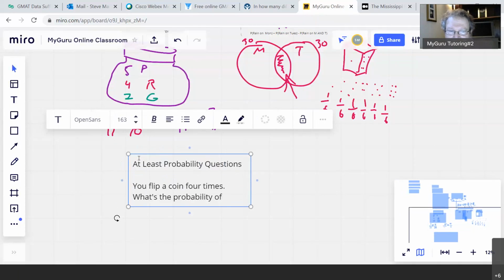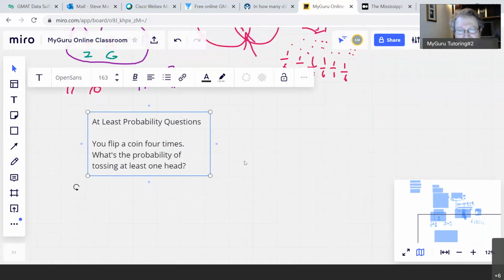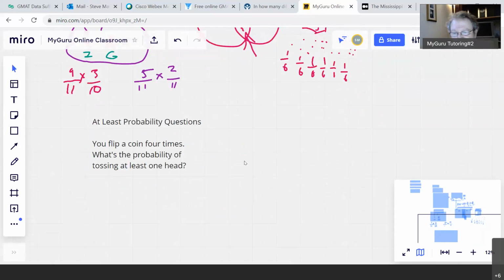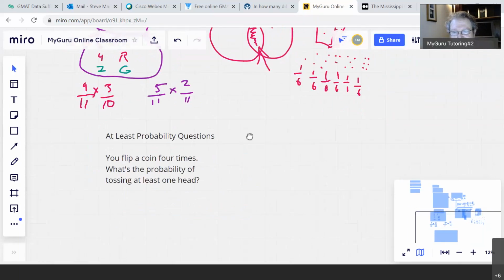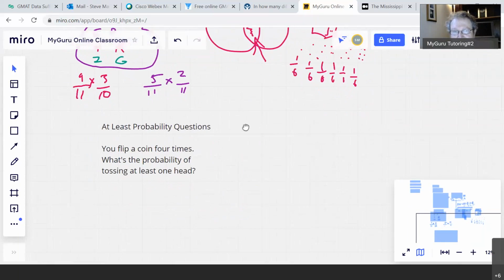What is the probability of tossing at least one head? Okay, 15 out of 16.